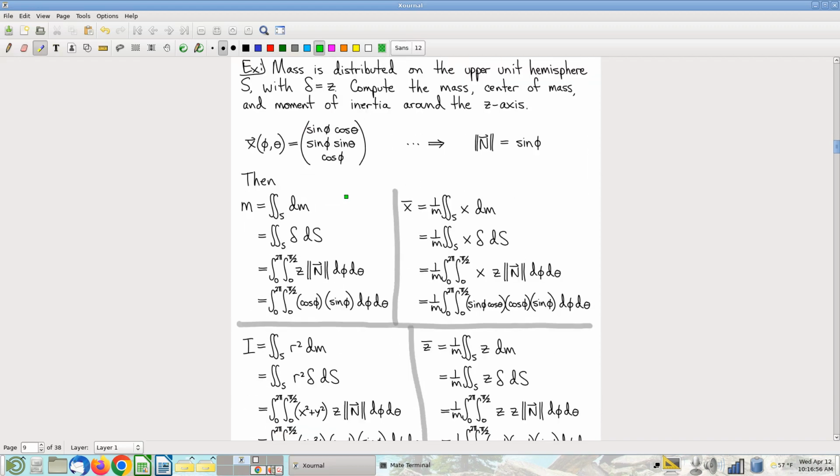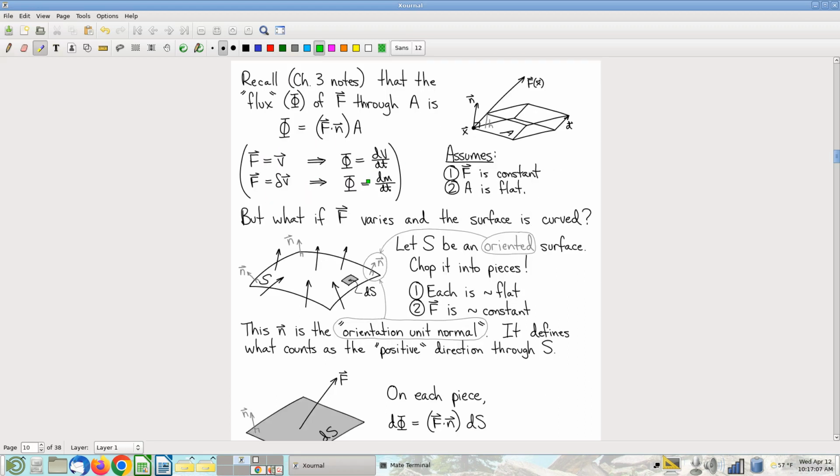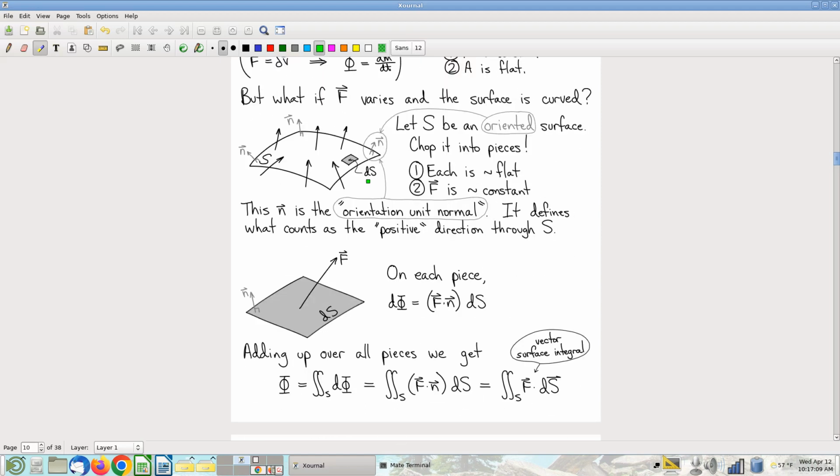Examples, right? Multiple examples. And then we tried to apply these ideas to a different kind of quantity, namely flux, and we ended up with some issues. First of all, what we found is that in order to even make sense out of flux, we have to decide what we mean by the positive direction through a piece of surface.